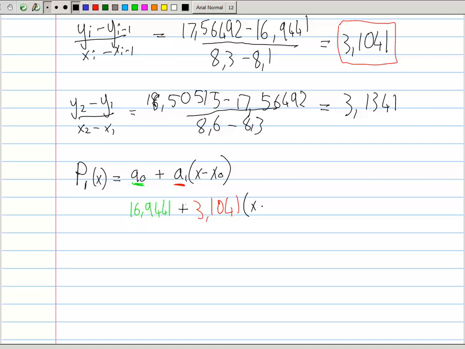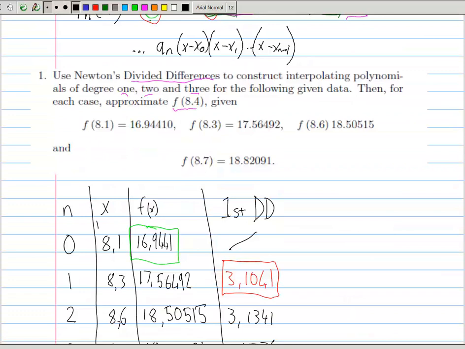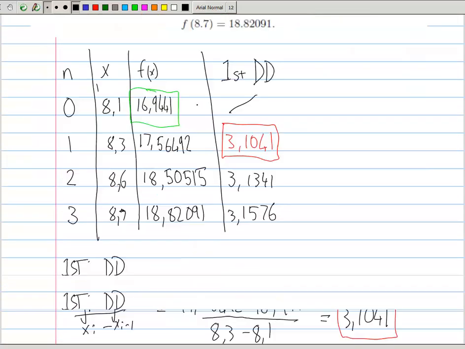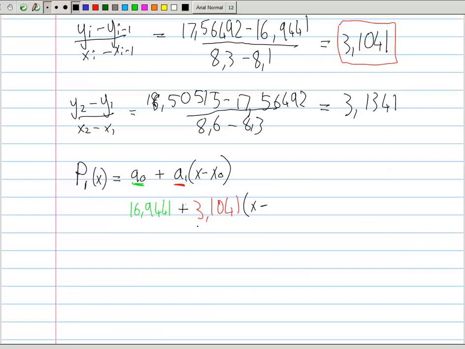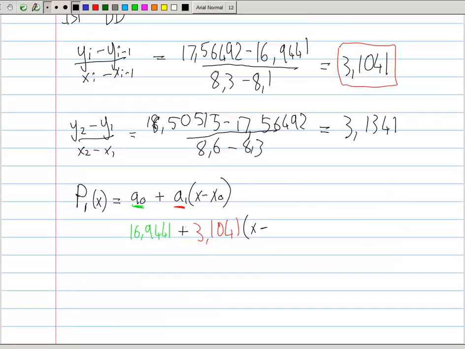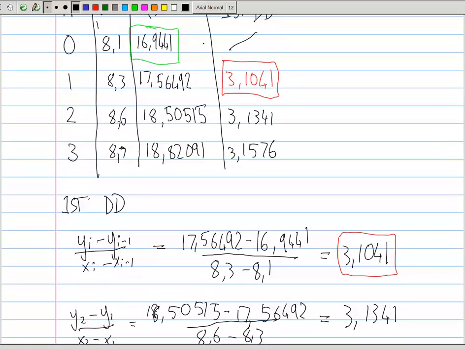So we have x minus, and they've asked us to estimate at the value where our x has to be 8.4. So I'm going to put x minus x0. Our x0 in this case, I will use another color just to make it nice and easy to see what's going on.